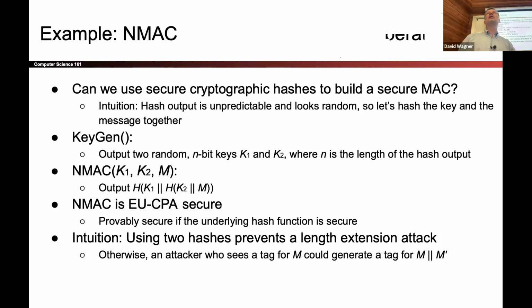One way that you can build a message authentication code is called NMAC. And it's a very simple scheme. The dumbest thing you could imagine doing to build a MAC is to say, I'm going to start with a hash function, but I want it to depend on a key too.